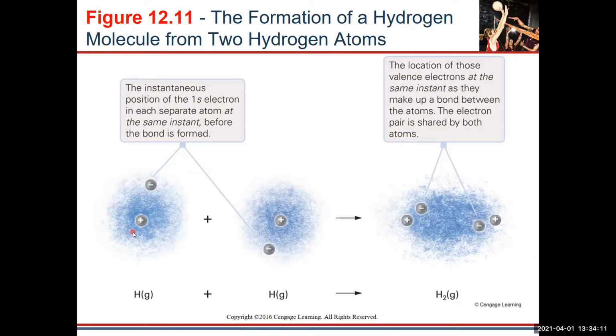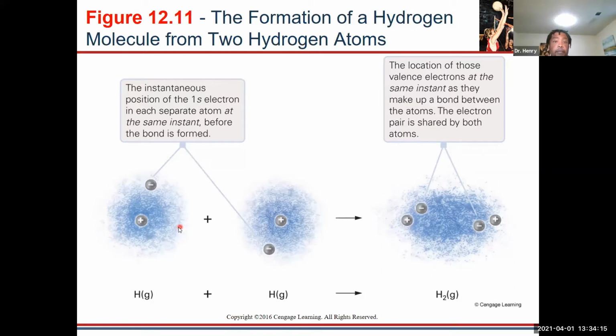So if we have one hydrogen atom and one hydrogen atom, and they come together and form that covalent bond, then this is what you have. The electron is literally orbiting both of those nuclei, so it's being shared evenly between the nuclei. This electron is orbiting both, and this electron is orbiting both. That means they're sharing. That's what we mean by sharing.